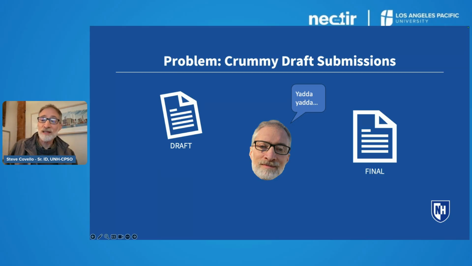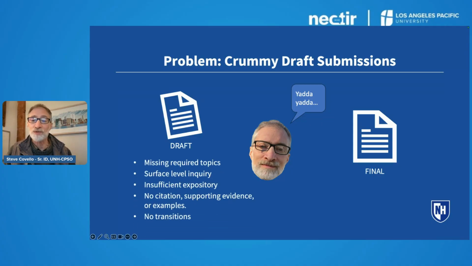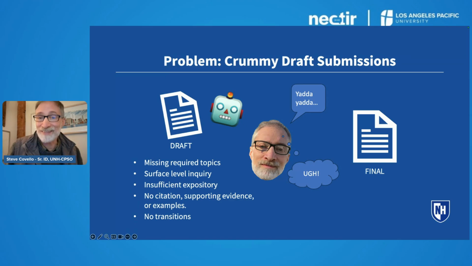The problem I encountered over the years is that no matter how much communication and reminders I send out, students submit draft papers with the same problems: missing required topics, surface level inquiry, insufficient expository, no examples, and so on. So why not try out an AI pre-submission evaluator idea, where they upload their paper into my bot and find out where their paper needs attention? This session is to show you how that's done.